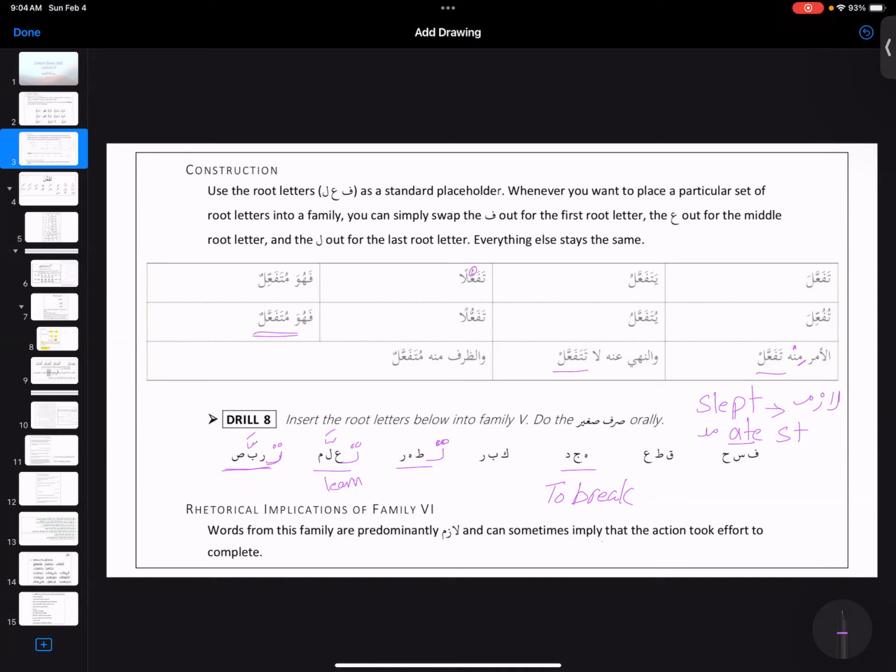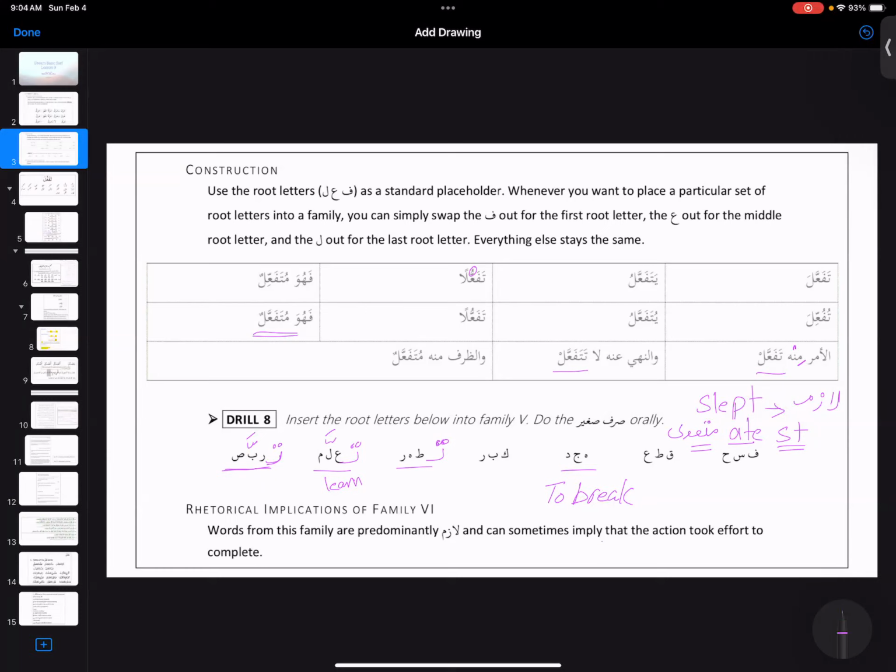Basically the difference between mutaddi and lazim is that lazim does not need a maf'ul and mutaddi needs a maf'ul, because this something is the maf'ul. That's the difference, but this trick is not 100%.